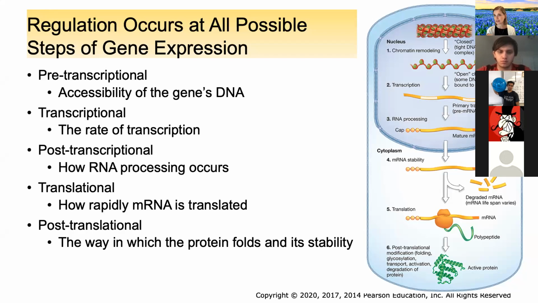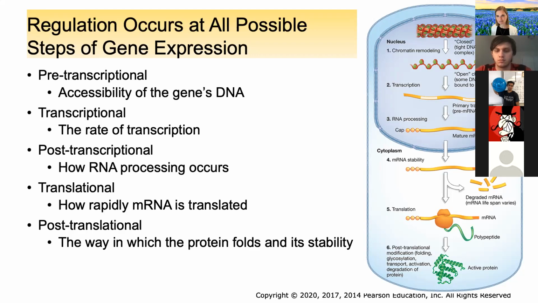So if we look at this really long list of things and we consider that cells try not to be very wasteful, which phase of this do you think is most regulated in the cell as far as turning genes on or off? At which step of this process do you think this is happening more frequently than the others? Does anyone have a guess?